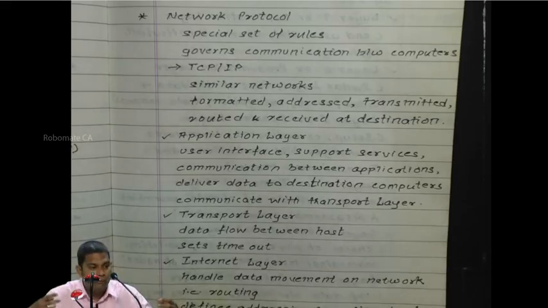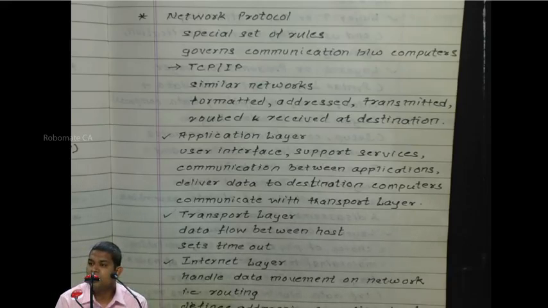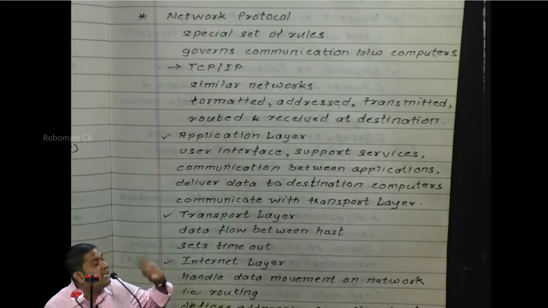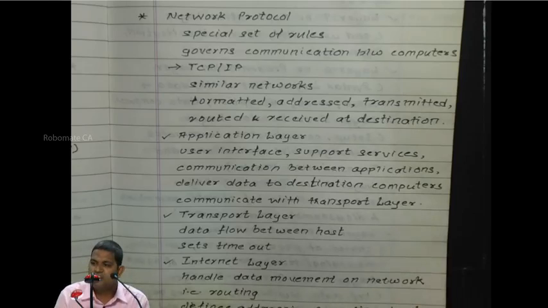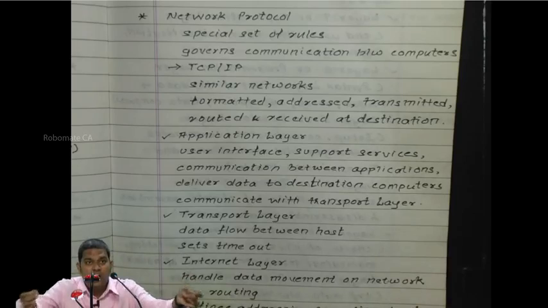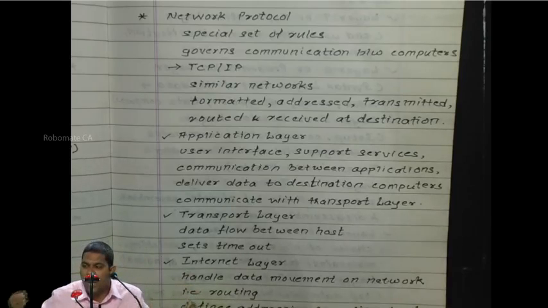Now when there are two applications, how the data is communicated between different applications, again that will be seen by the application layer. When the data is being transmitted, how the data is delivered to the destination computer. A destination computer means receiver, that is the end user. So how the data reaches ultimately to the end user, again it is defined by the application layer.